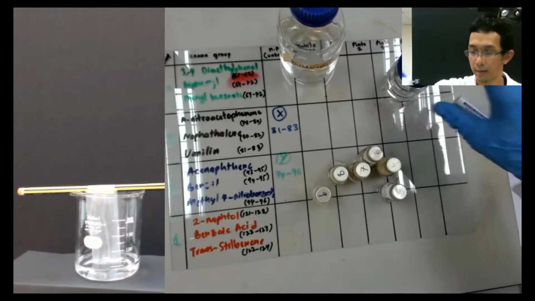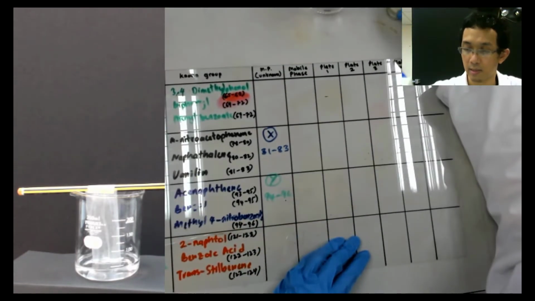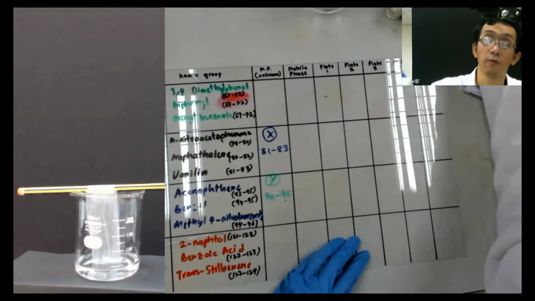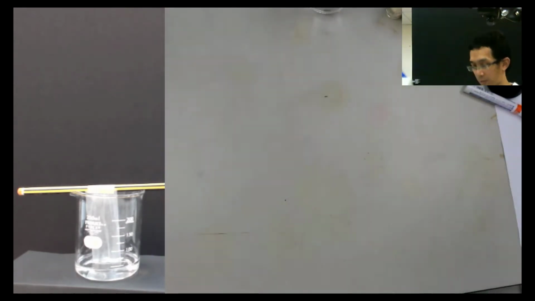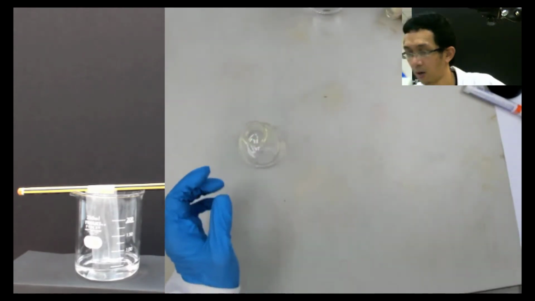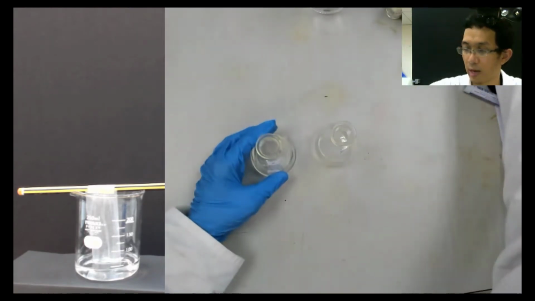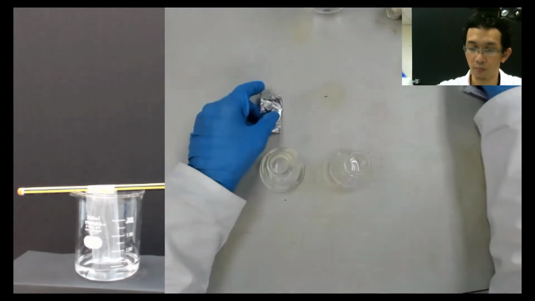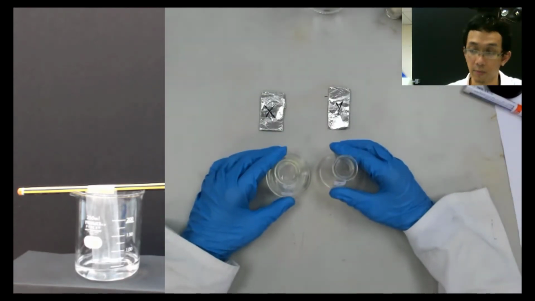Okay, so to do that, we just take this. We want to dissolve only. It's not the mobile phase, we just want to dissolve it. So let me put it here, and then we take X, one beaker. Because we know the X, we want to put some of it inside this.